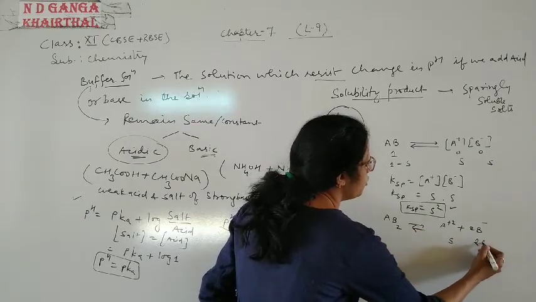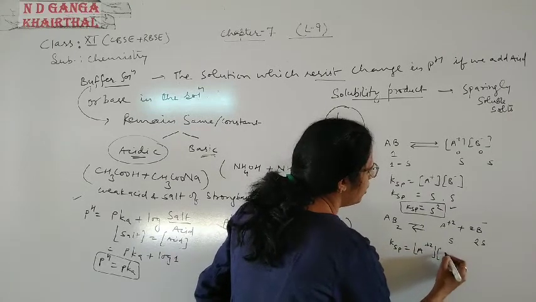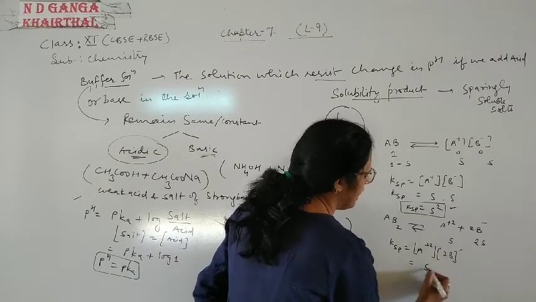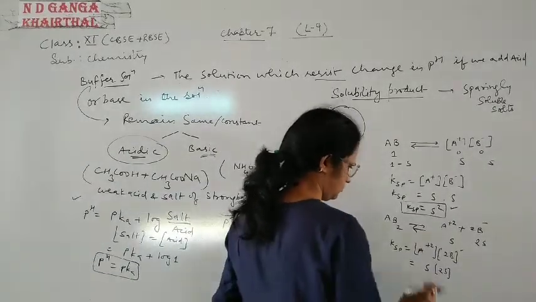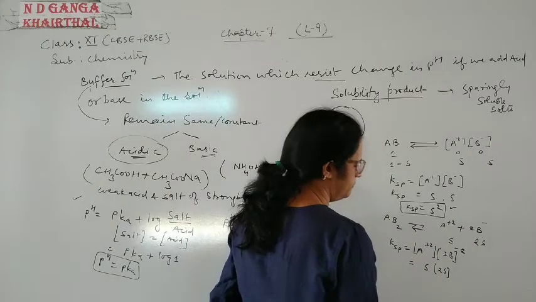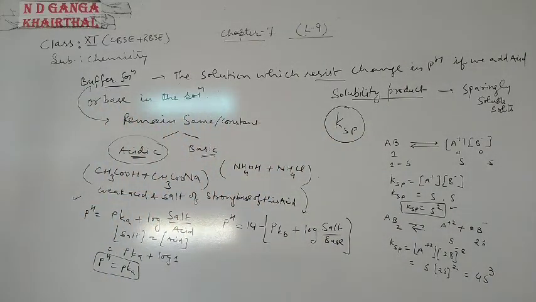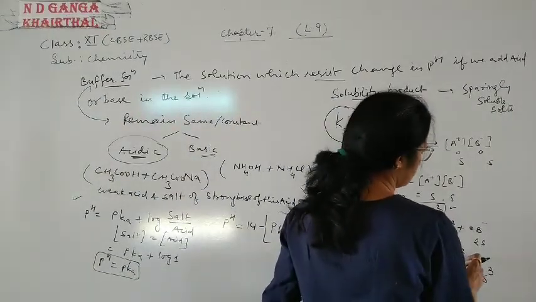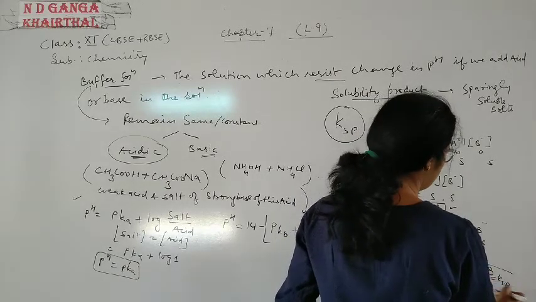Its solubility is s, its solubility is 2s, so Ksp will be A times B square, then s times 2s square. So Ksp will be 4s cube. Clear?